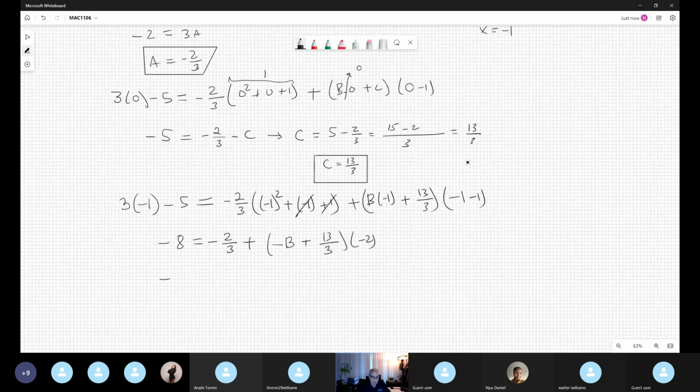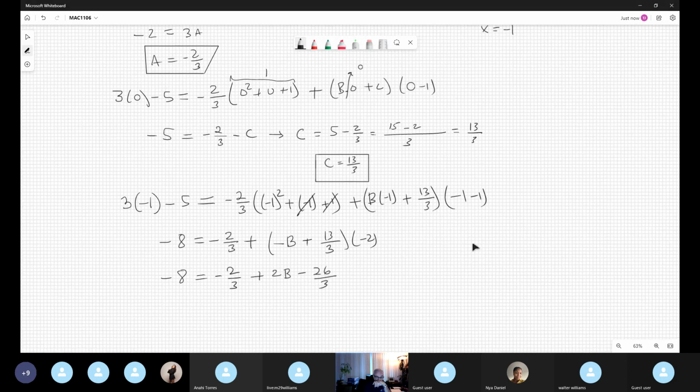Okay. Now apply the distributive property. It is plus, because negative times negative is positive, 2B. And this is minus 26 over 3. Okay, cool.